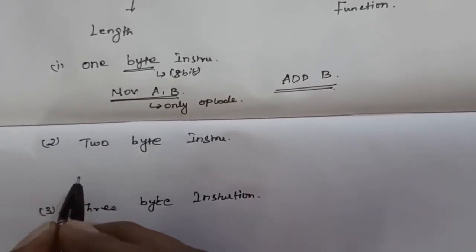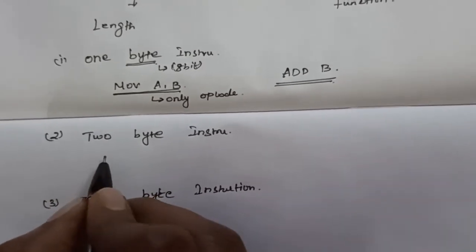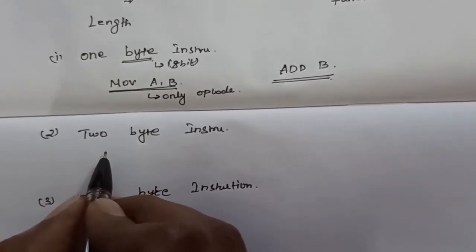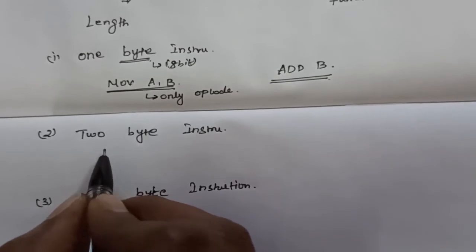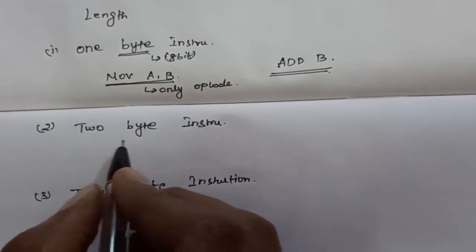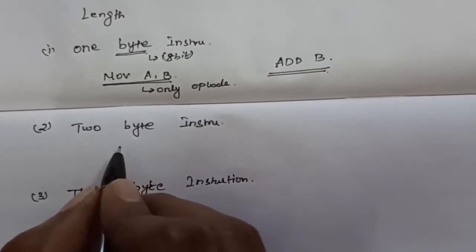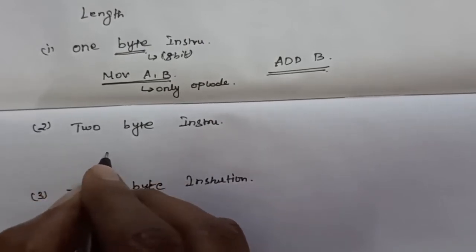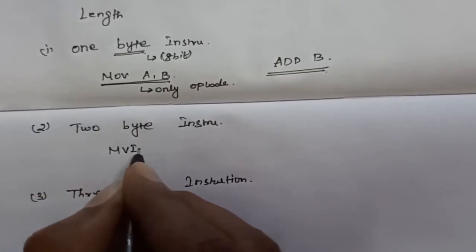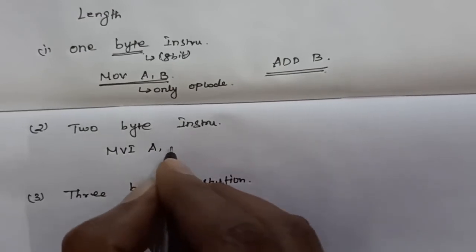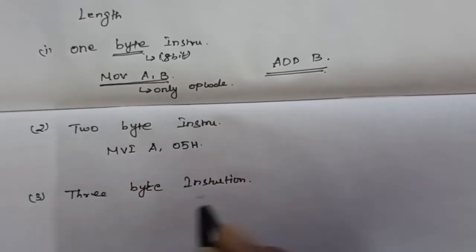Next one, 2 byte instruction. 2 byte instruction means here we are using two 8-bit values in the instruction itself. There is one opcode and one operand. The example of this instruction, MVI A comma 05H.